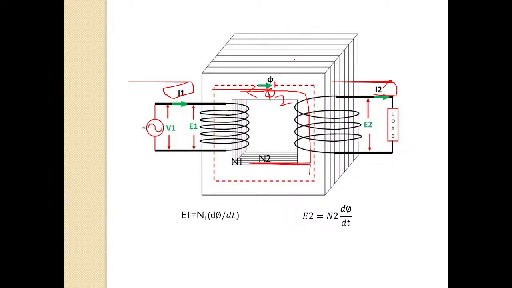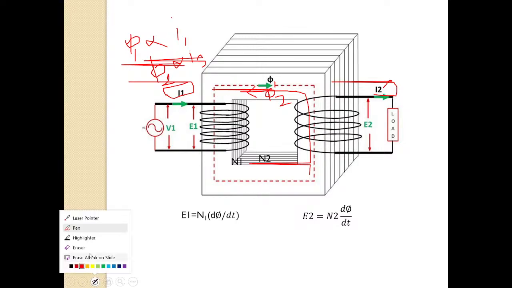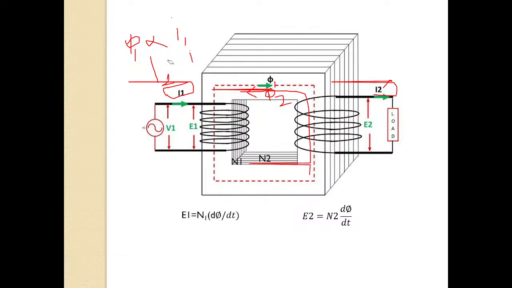Phi 1 flux is induced in the core, which is proportional to I1, and phi 2 flux is induced in the core, which is proportional to I2.